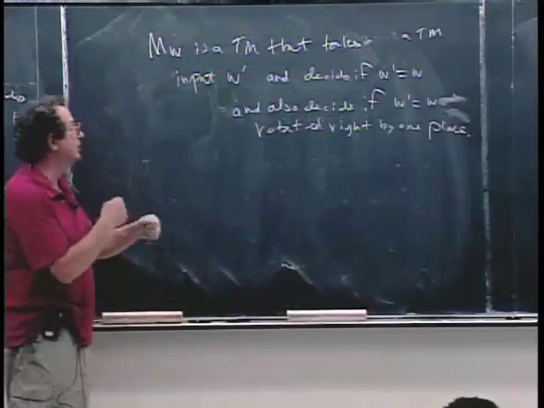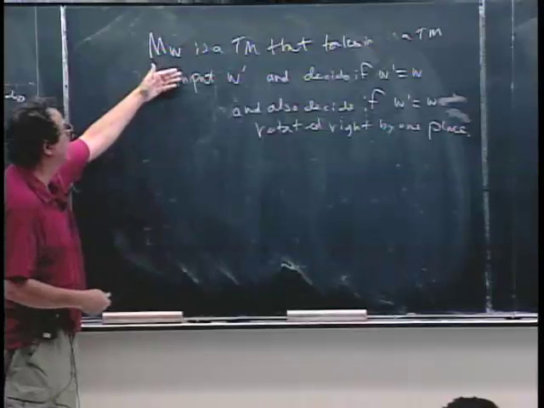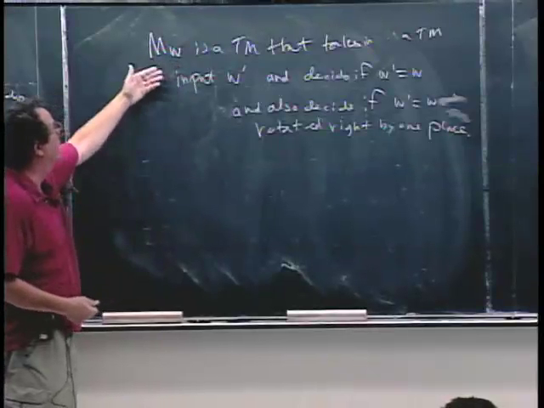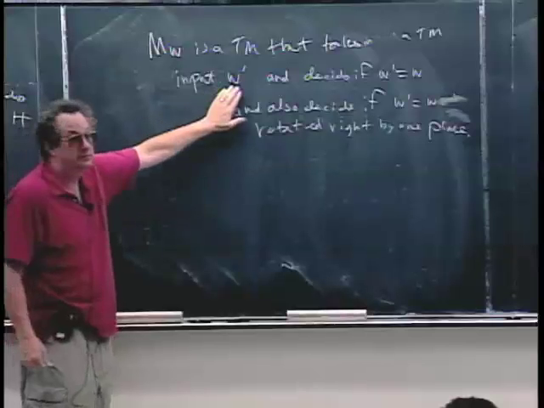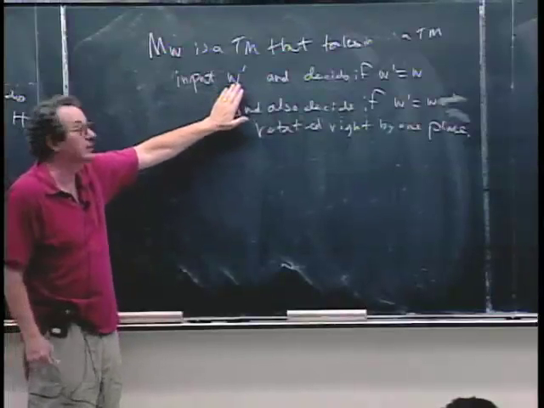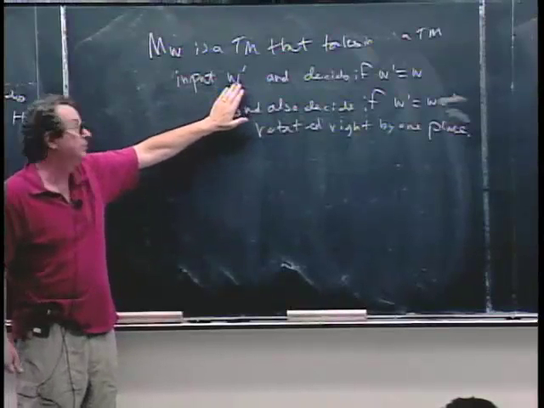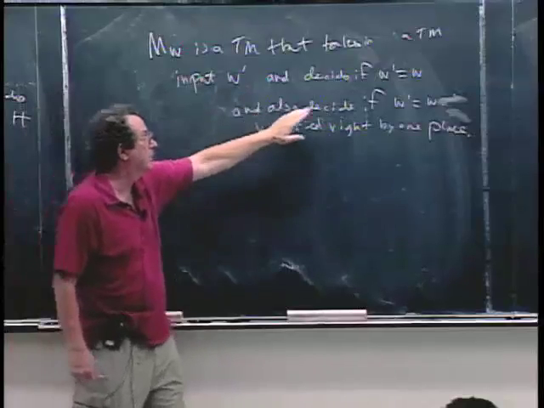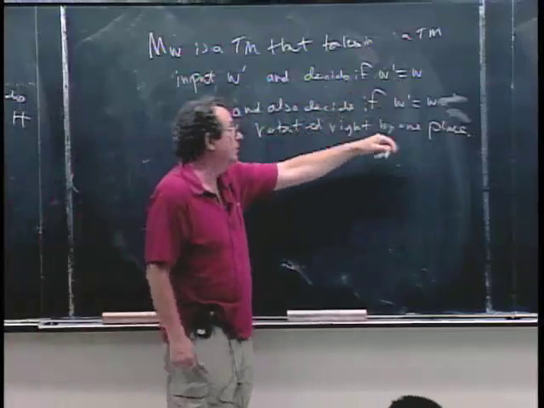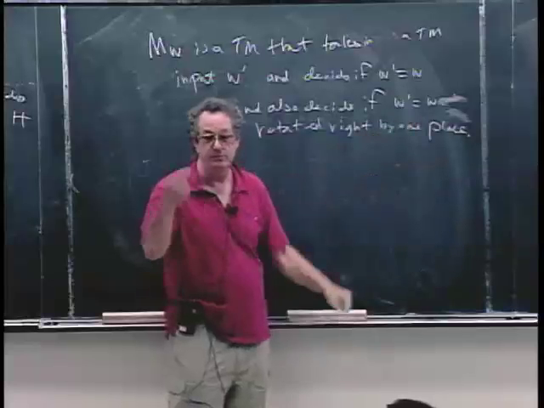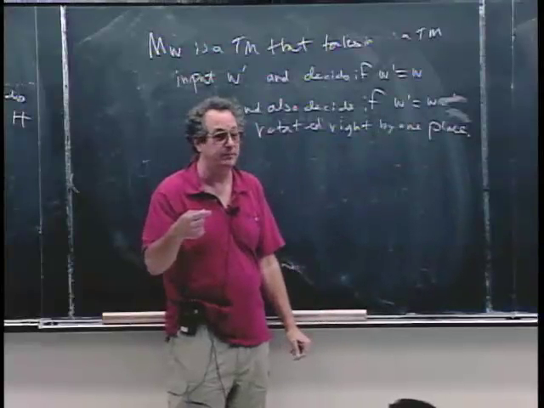Okay? So that is the first thing that MW is supposed to do. It's supposed to just look at whatever input it gets. It's supposed to be a Turing machine that can take in input, and it's supposed to look at its input and decide whether that input is W or W rotated one position. Okay?